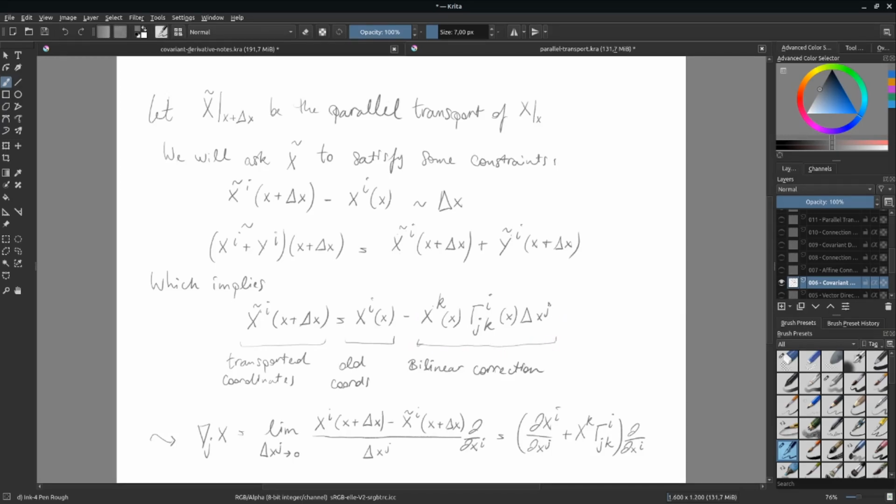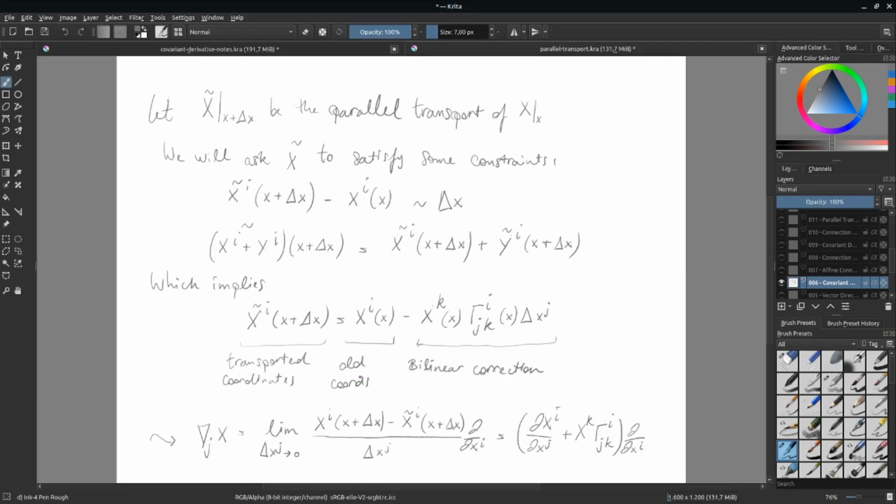It's a bilinear correction, because it depends linearly on the displacements delta x_j, and it also depends on all the possible coordinates X^k back at x. So we have this bilinear map that takes both these X^k and these x_j's and outputs something for the ith coordinate. So the new coordinates are the old coordinates plus some bilinear correction.